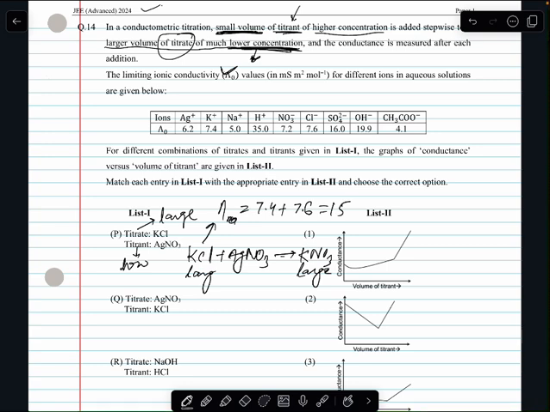And lambda naught for KNO3 will be equal to, K is 7.4 and NO3 is 7.2, so this will be 14.6. So I can see that the lambda naught value or conductance is decreasing, but the decrease is very slow.